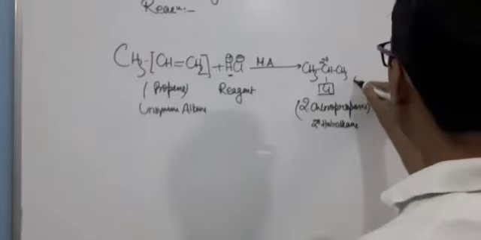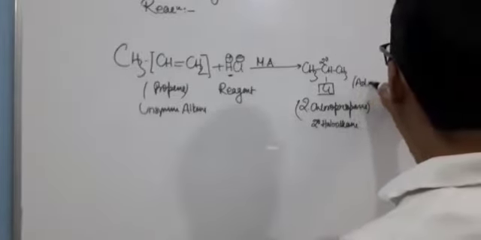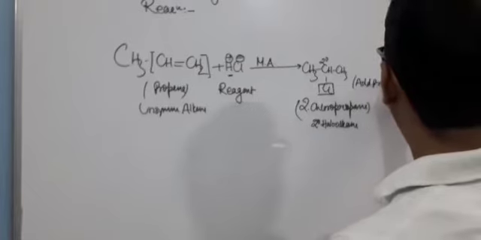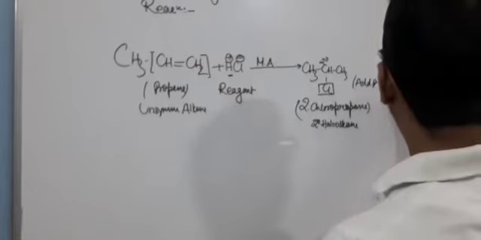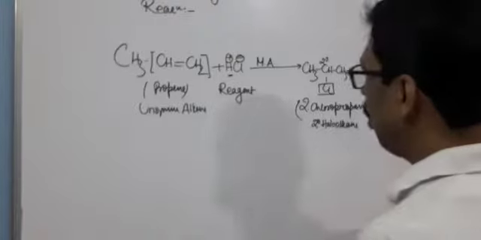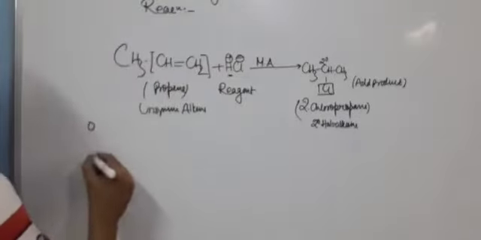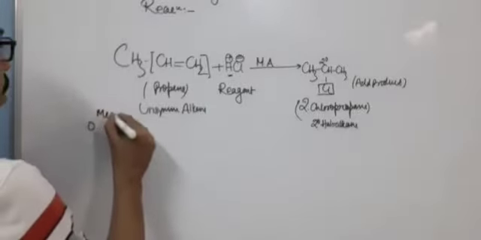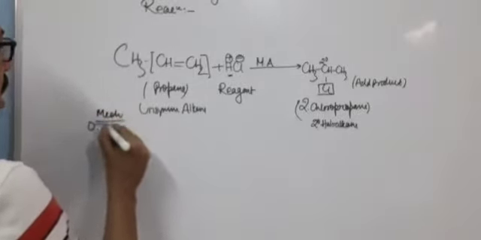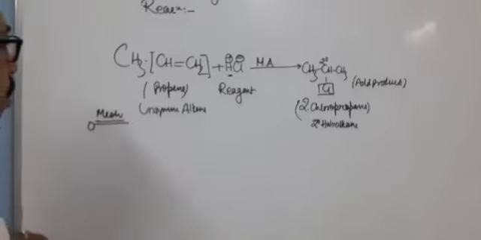So the product obtained at the end of the reaction is known as addition product. Now try to understand the mechanism of the reaction, which can be explained under the following steps.